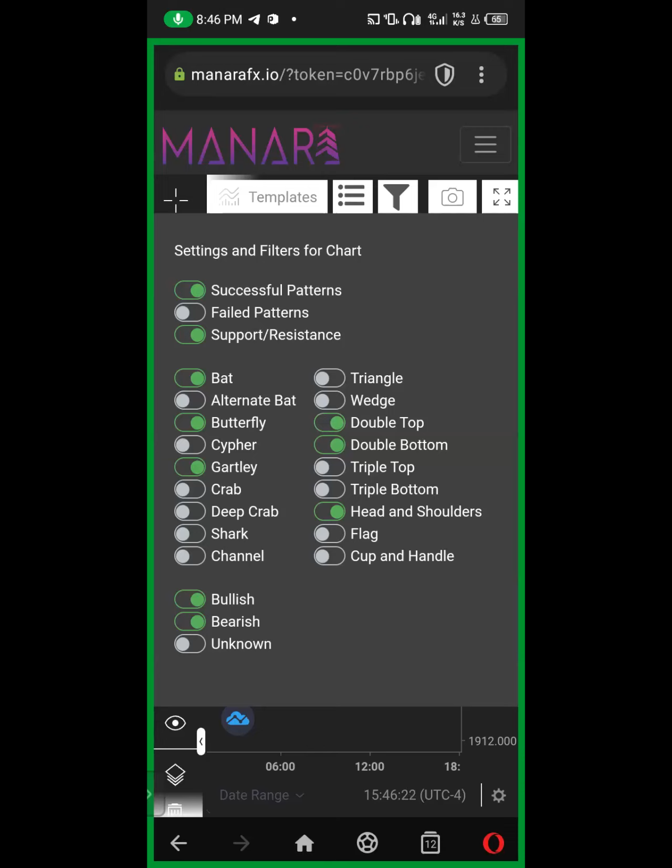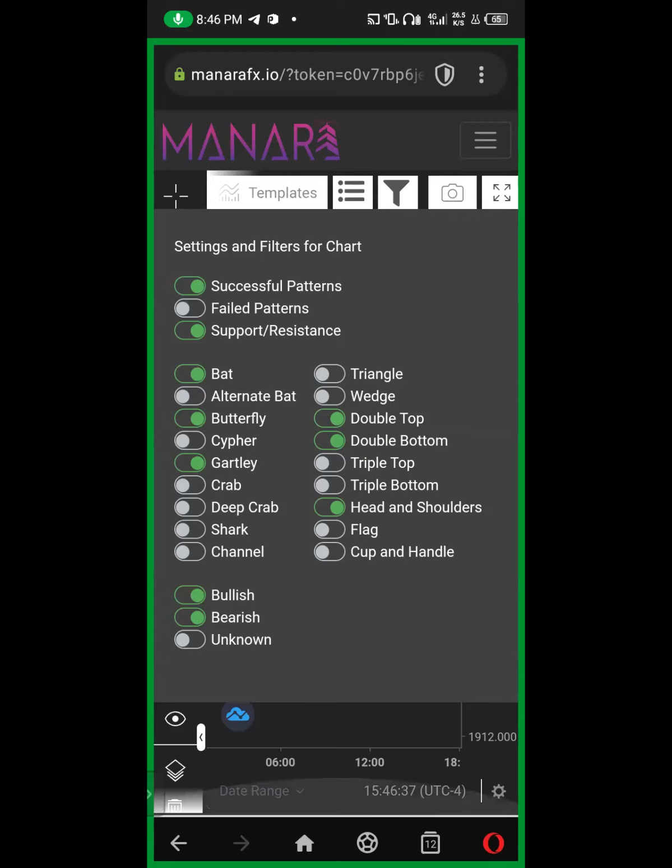So you choose bat, butterfly, Gartley, double bottom, double top, the head and shoulders, and shark. Okay, let's just use those ones.